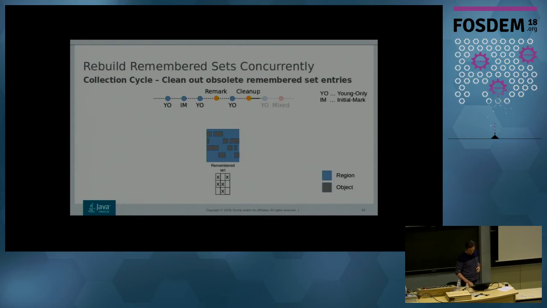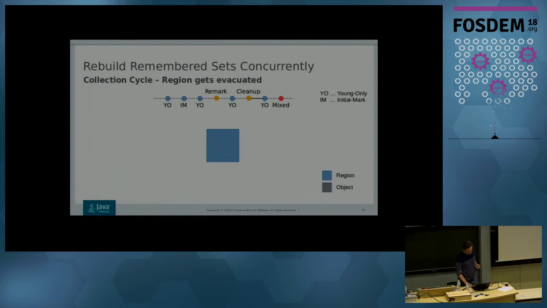Unfortunately, for some reasons, we can't do the so-called mixed GC immediately. We need to wait for another young-only GC, but then finally we can do that. There are two cases now. One is that the region gets evacuated, and that's a nice one. The remembered set gets completely dropped on the floor, and that region is empty and can be reused.